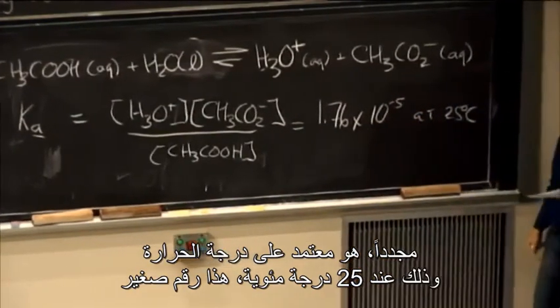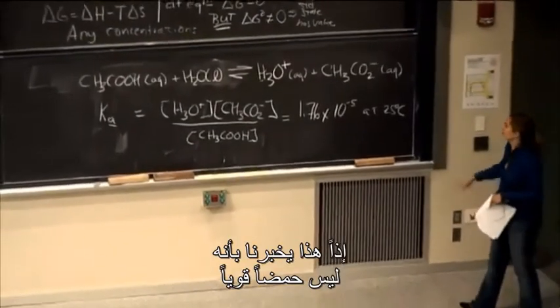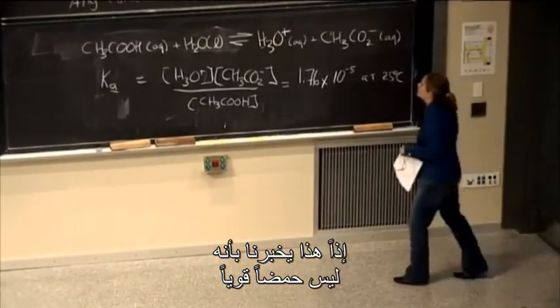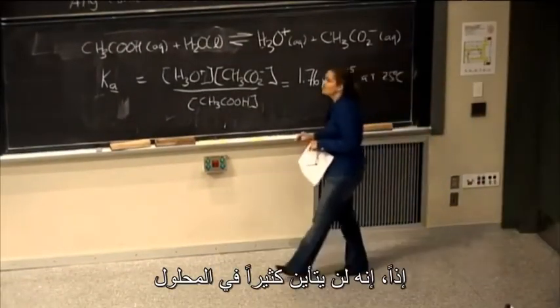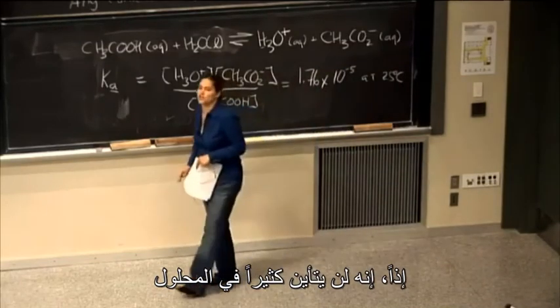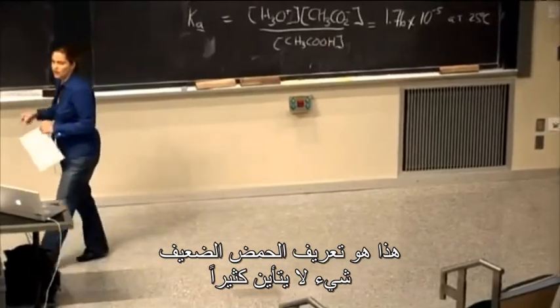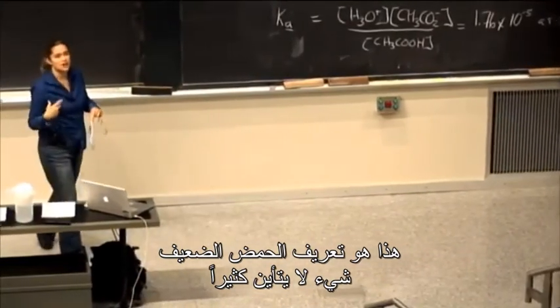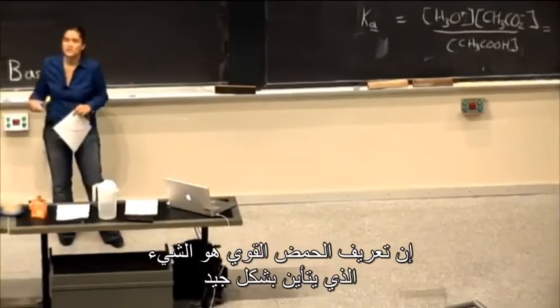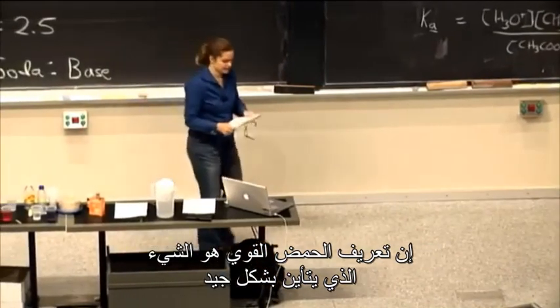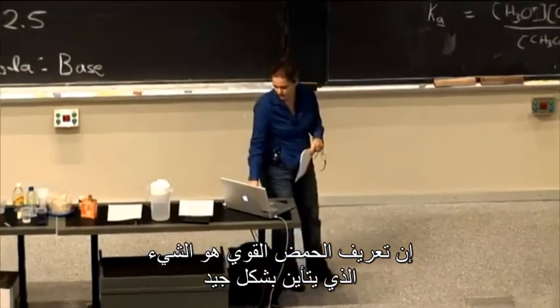This is a small number, so that tells us this is not a very strong acid. So it's not ionizing very much in solution. That is a definition of a weak acid, something that doesn't ionize very much. The definition of a strong acid is something that does ionize quite a bit.